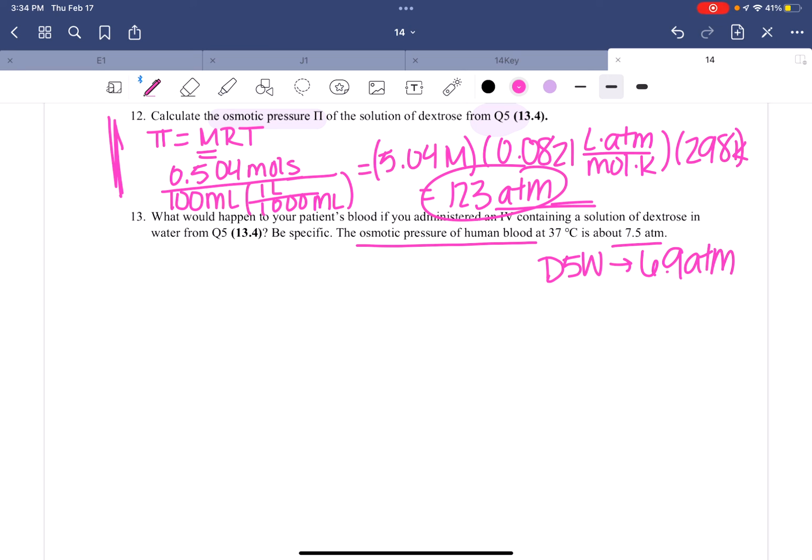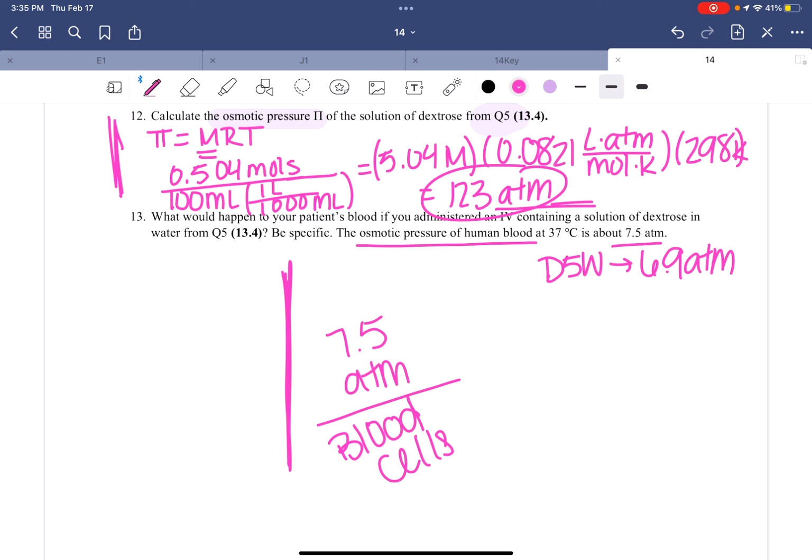And when we think about osmotic pressure, that has to do with two different solutions across a membrane. So we're just going to draw an arbitrary membrane here. And we have one solution of approximately 7.5 atmospheres. And you can think of this as the osmotic pressure in your typical bloodstream as well as your blood cells.